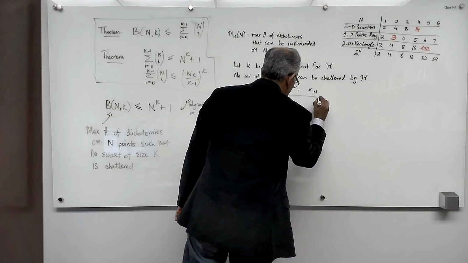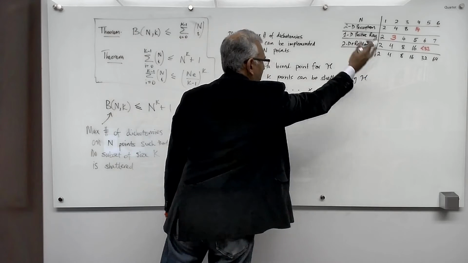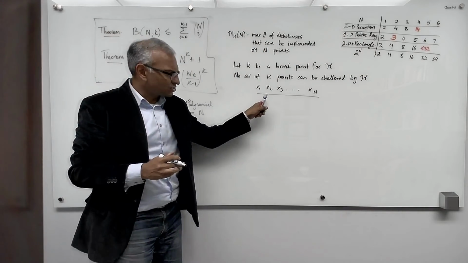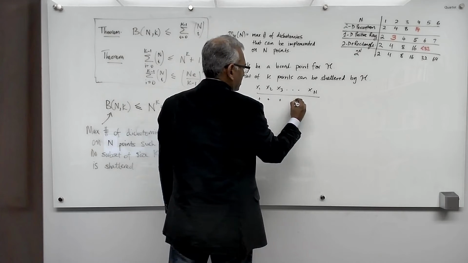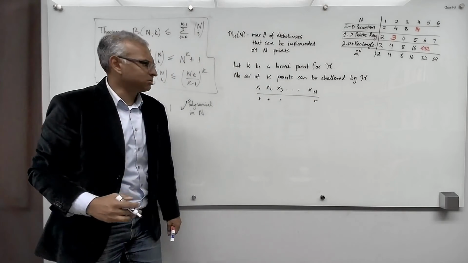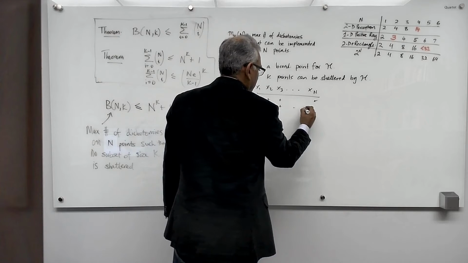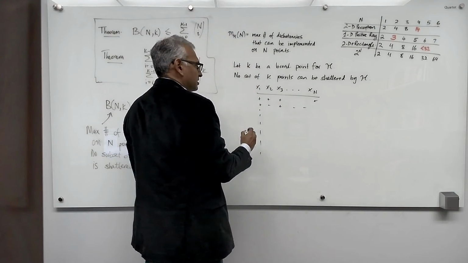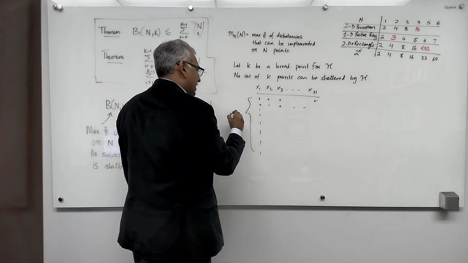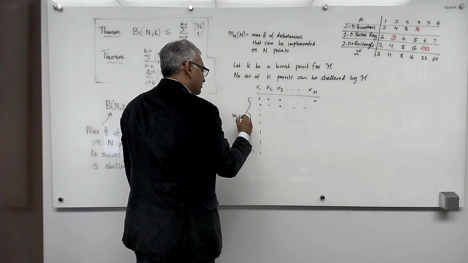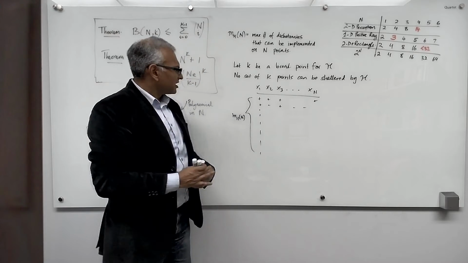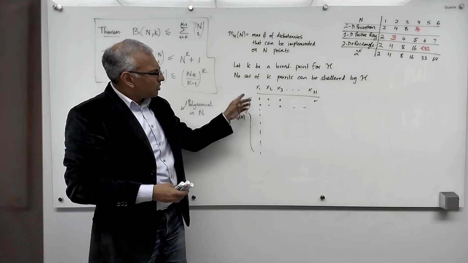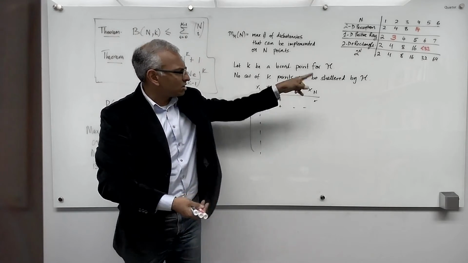On this set of points, I go through all the hypotheses in h and list all those dichotomies: plus, plus, plus, maybe I can implement all the plus, and then plus, minus, plus, and so on. I list all the dichotomies. I'm going to get m sub h of n dichotomies, because this is a set of points that realizes that maximum potential of h.